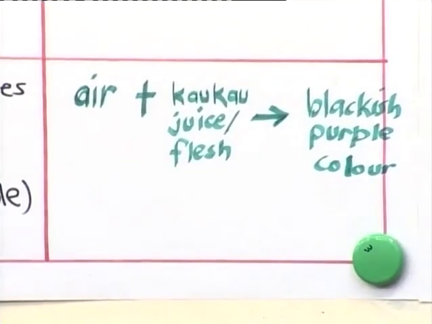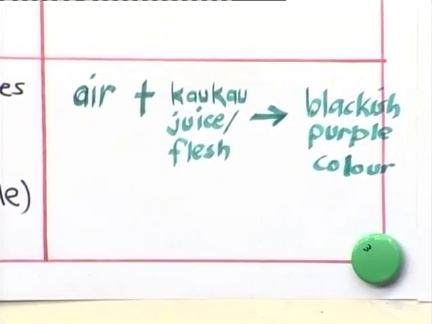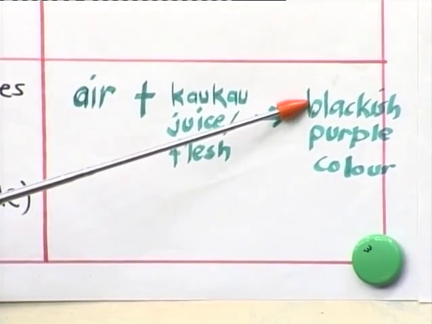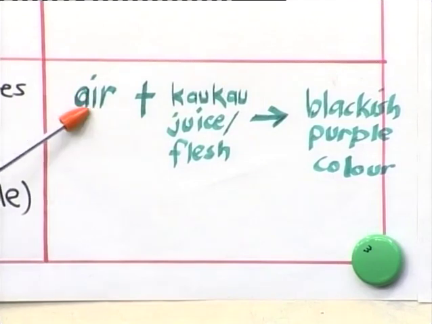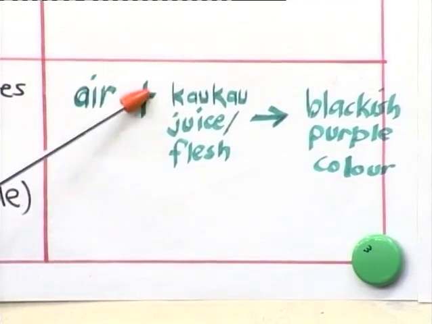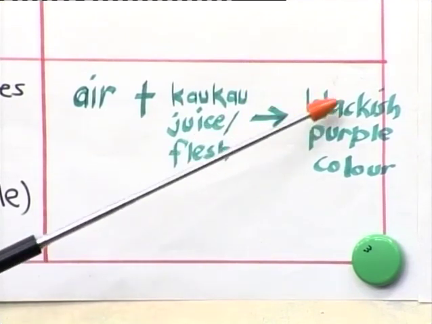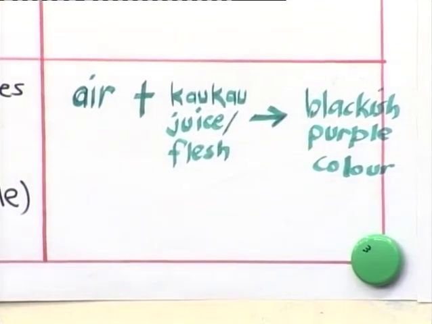So we can say that a chemical change has happened from the air reacting with the cow juice or the flesh of the cow. It gives that blackish purple color there. So from the air plus the cow juice or the flesh gives us that purple blackish color.